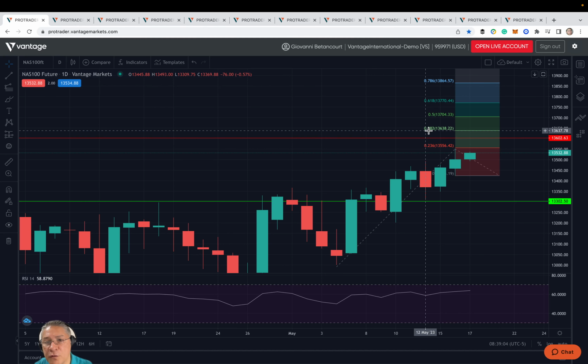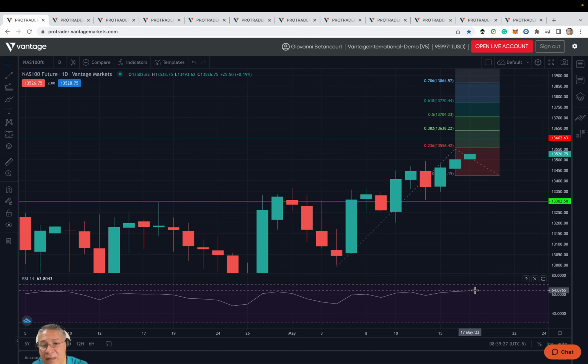And then we could use the 0.38 and the 0.618, the golden ratio of the Fibonacci tool. So we could stipulate that the market will continue to move higher, and each of these levels we can use as resistance. The 0.50 is not a Fibonacci number, but it is in there, so we could use that.